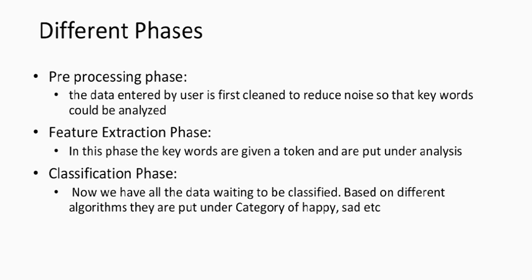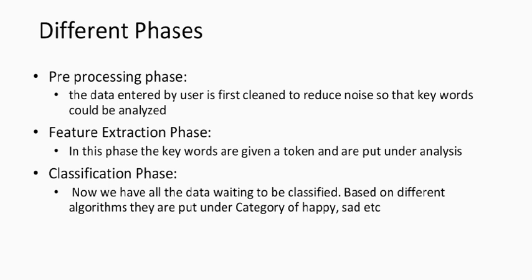So the different phases in sentiment analysis. First of all, the pre-processing phase. In the pre-processing phase, the data entered by the user is first cleaned to reduce noise so that the keywords can be analyzed. Assume you are using Twitter, there will be a lot of out-of-lexicon words like "nah", "hi bro".